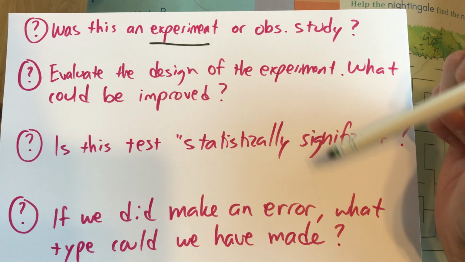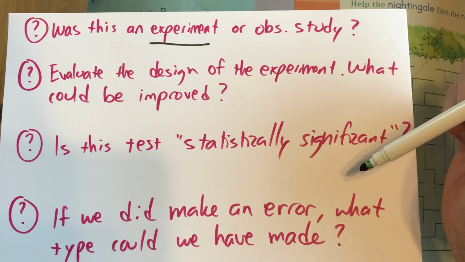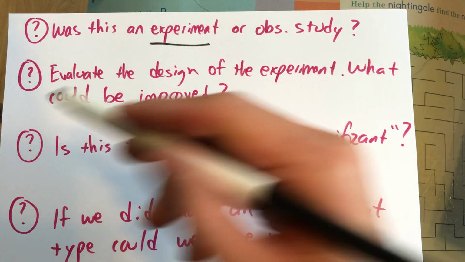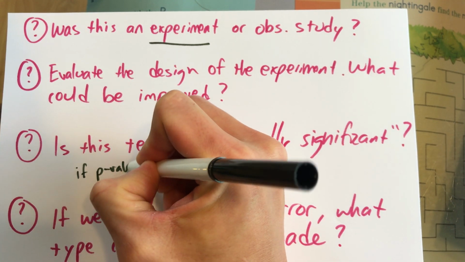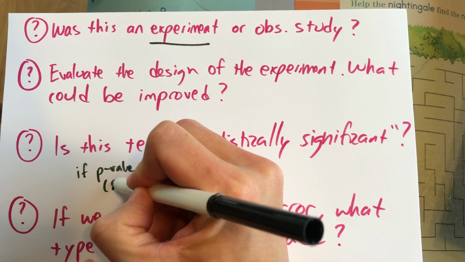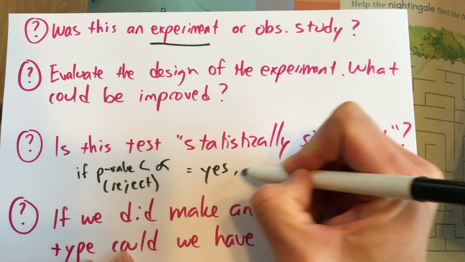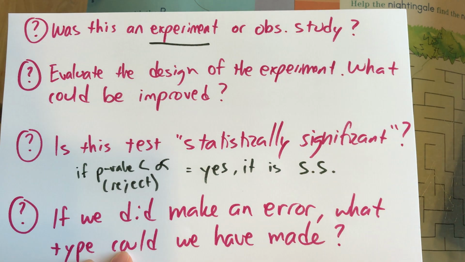Is this test statistically significant? Do you guys remember that terminology? It came, gosh, I want to say chapter 22, maybe chapter 22. If your p-value is less than your alpha, so basically if you reject the null hypothesis, we say yes, it is statistically significant.